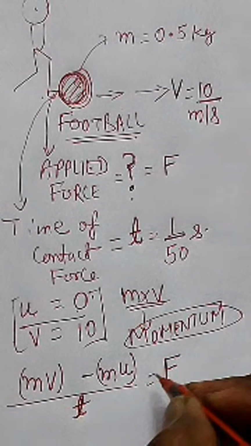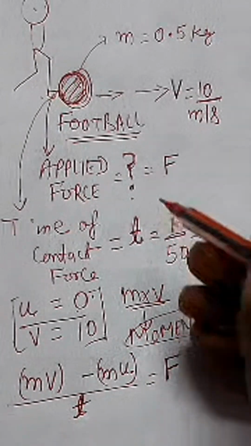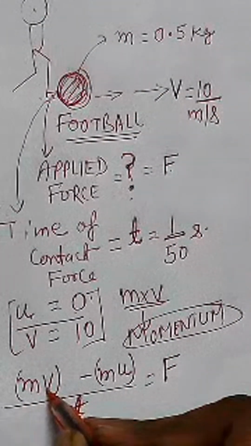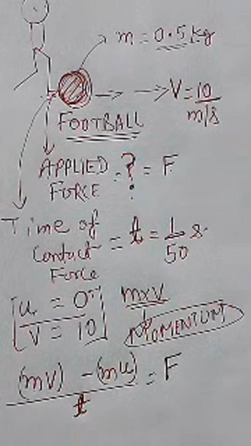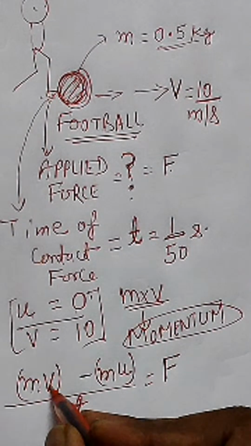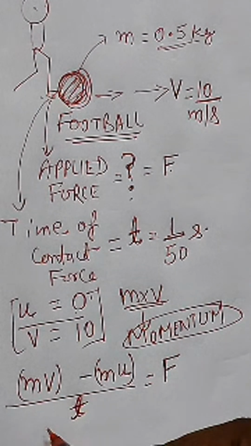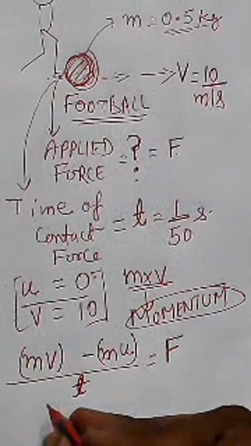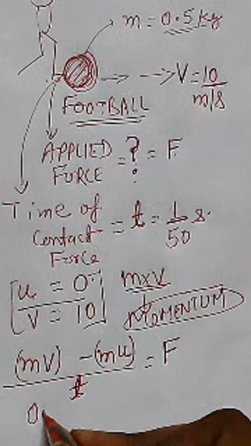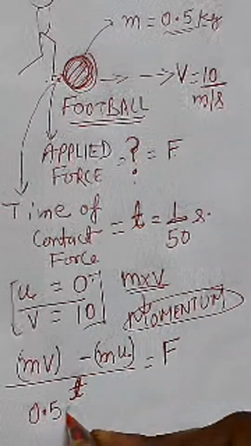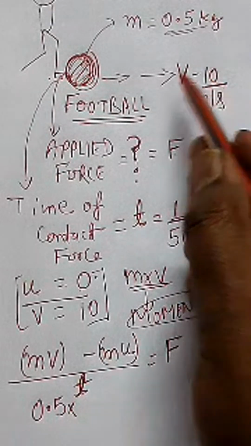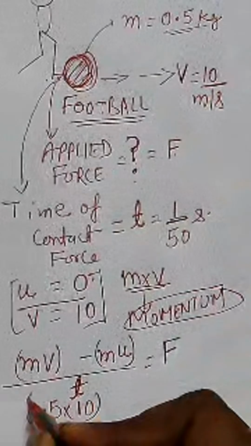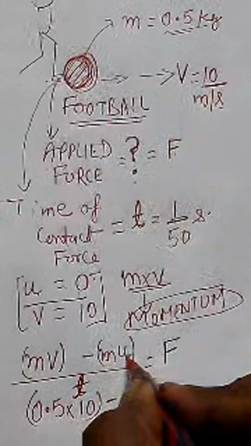So just put in the values and we will be able to calculate the applied force. M is 0.5 kg, the mass of the ball, multiplied by the final velocity after kicking, that is 10, minus m into u.